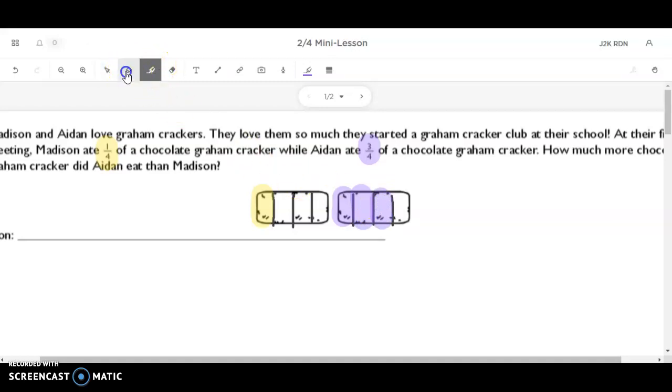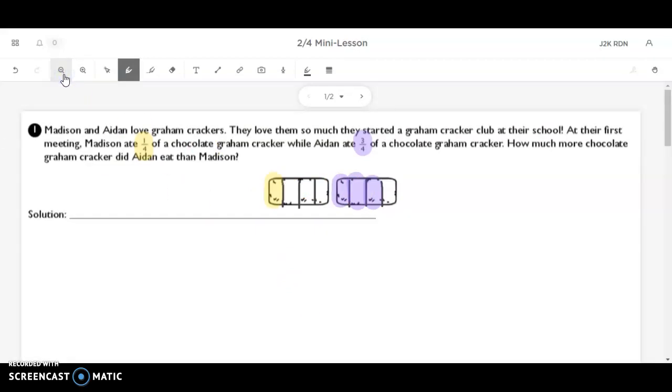Okay. Now let's think. What is it asking us to do? It's saying that Aiden ate 3/4, Madison ate 1/4. The question's asking how much more chocolate graham cracker did Aiden eat than Madison?